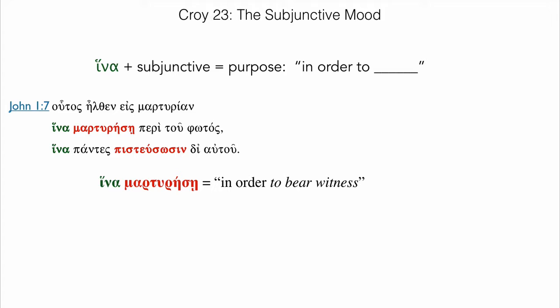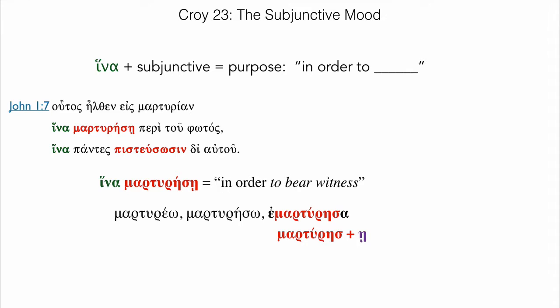Hina marturēsē. How do we parse marturēsē? Well, first, let's think of the principal parts. Martureō, marturēsō, and emarturēsa. This is an epsilon contract verb. We get a predictable future and a predictable aorist. To get the subjunctive, we have to get rid of the temporal augment and get rid of the first aorist ending. So our first aorist stem is marturēse.